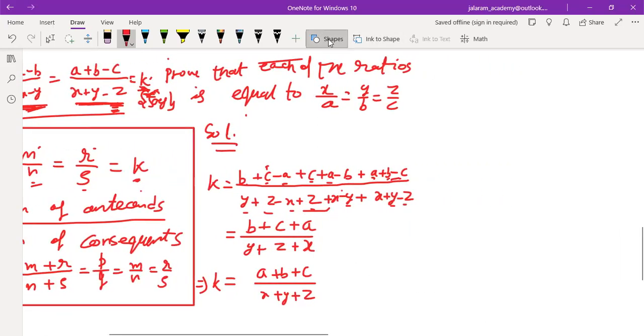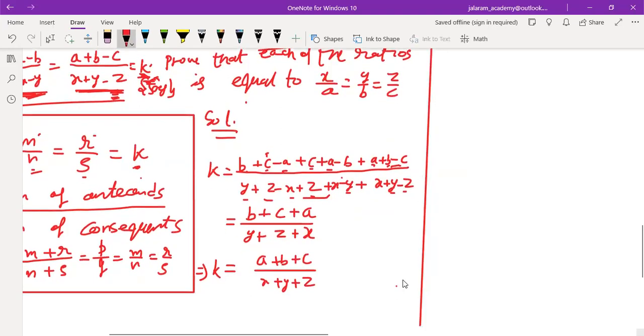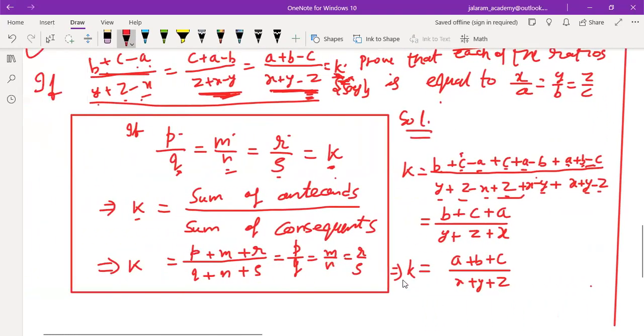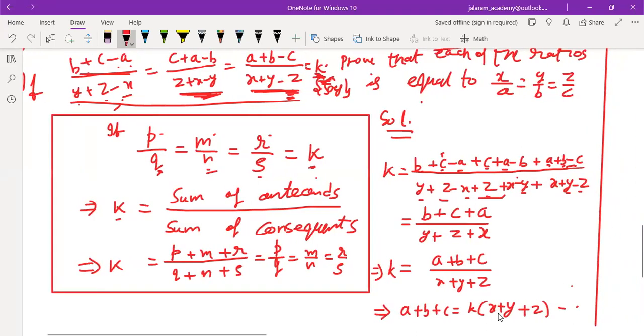So what should we do now? First of all, we will cross multiply it to get a plus b plus c equals k into (x plus y plus z), and label it equation number 1.